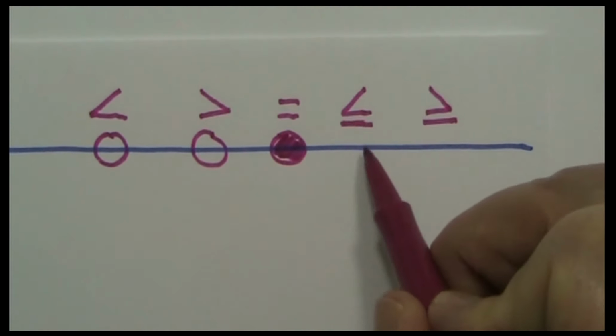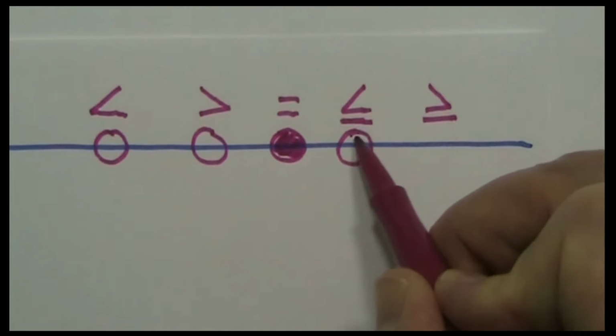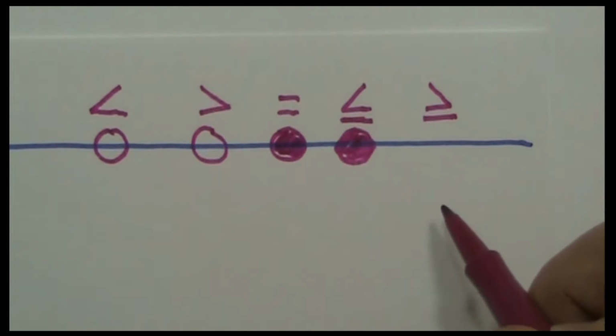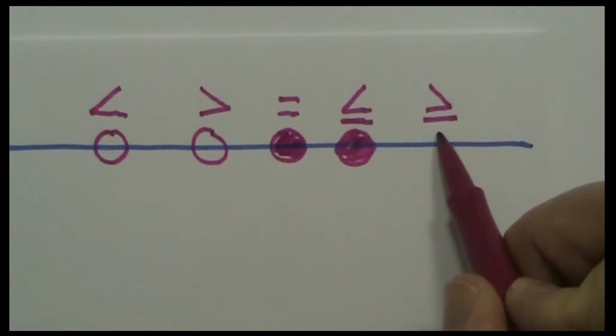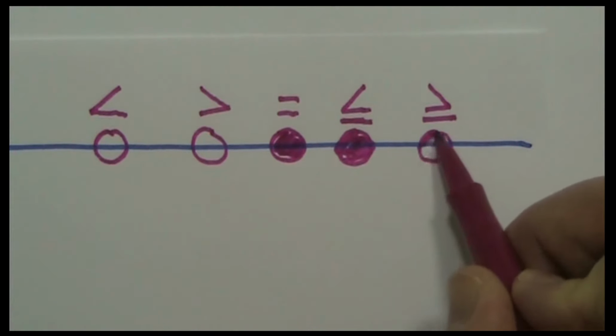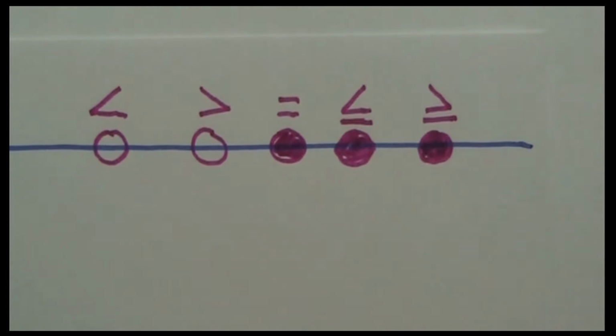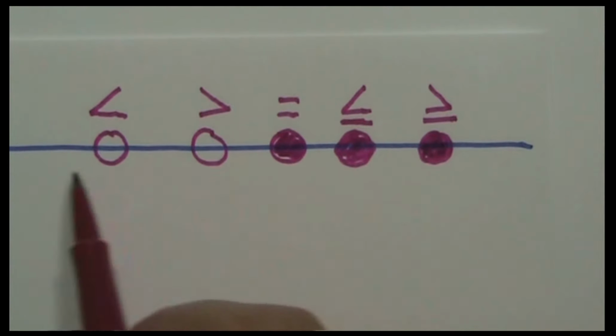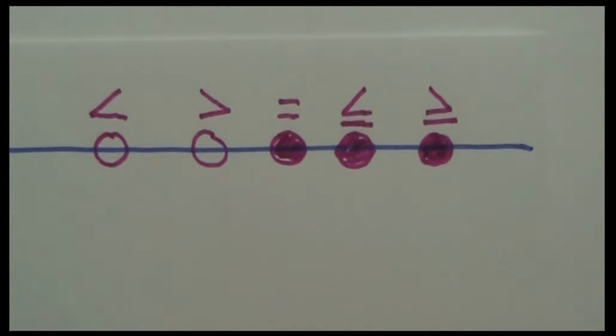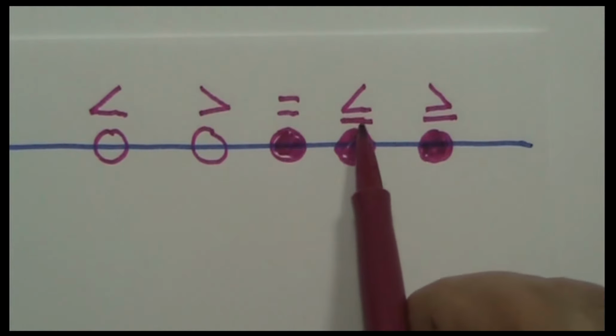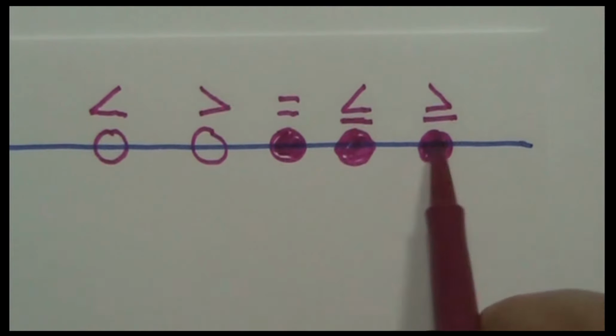Less than or equal, that is a closed circle. More than or equal is also a closed circle when graphing on the line. So hopefully you can see that anytime there's an equal, that bar in there, it's a solid circle.